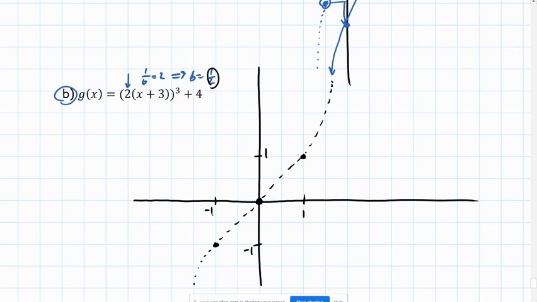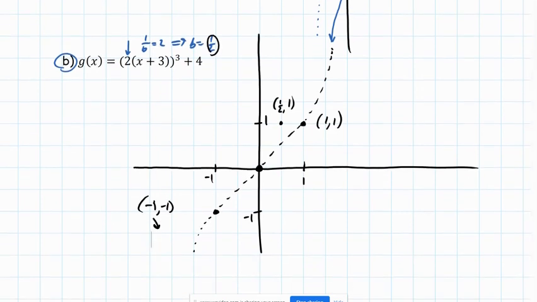And so that means all x values, this point has an x coordinate of 1, 1, so the x values are going to get cut in half. So now it moves to here, it becomes 1/2, 1. And 0, 0 stays 0, 0, and then -1, -1, when we multiply the x coordinate by 1/2 becomes -1/2, -1.